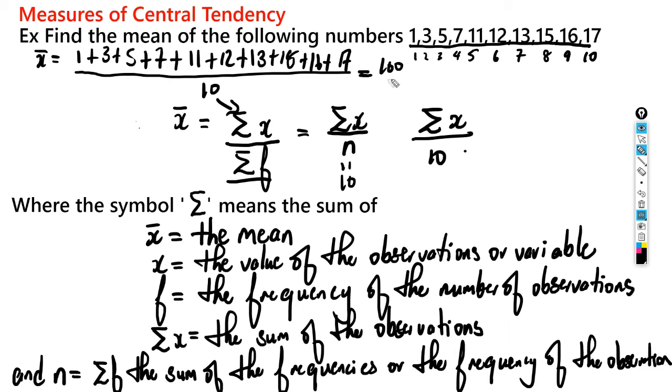So it's actually 100 over 10, and the answer is 10, right?